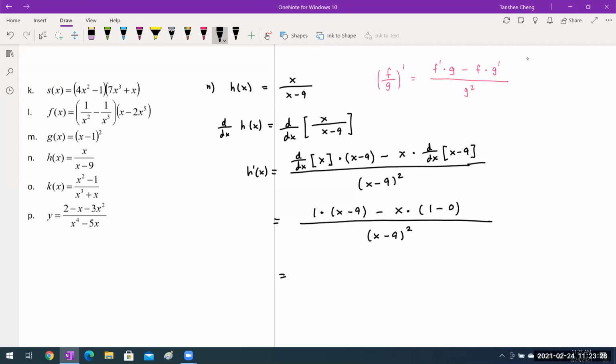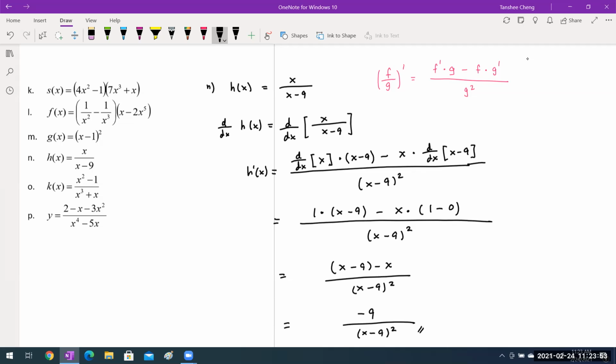When I simplify this, this will be x minus 9 minus x all over x minus 9 quantity squared. It is easy to simplify, so if I simplify it a little bit further, that will be negative 9 over x minus 9 quantity squared. And this will be my final answer.